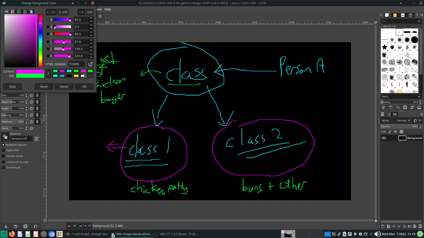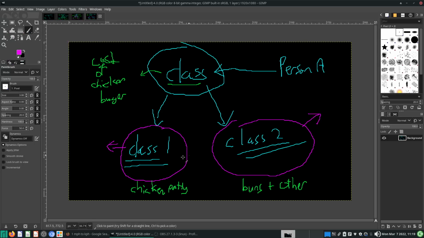What will these classes do? Maybe behind the scenes, this chicken patty depends on the cost of chickens, the cost of bringing up chickens. There are lots of factors, right? The cost of transporting chicken meat, and the cost of processing.